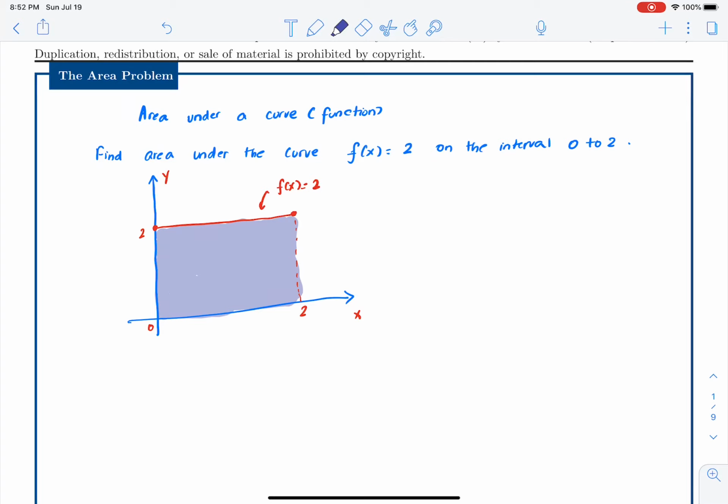And the shape of it, naturally, is a rectangle. So we can readily find the area of this particular rectangle. The height here is 2. The length here is 2. So the area is simply 2 times 2, which would give us 4.